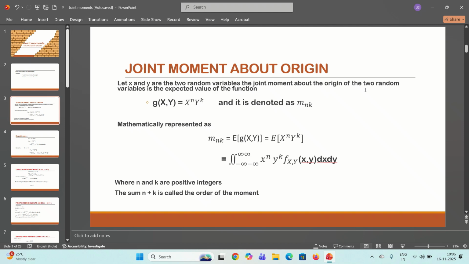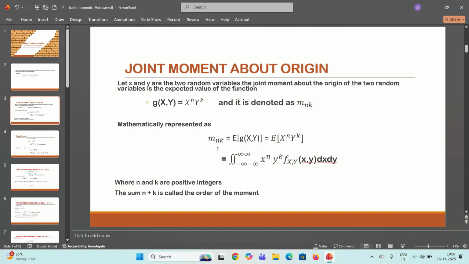Let us consider the two random variables X and Y. The expected value of the function g of x comma y, which equals x power n y power k, is denoted as m_nk. Mathematically, m_nk equals expectation of g of x comma y.